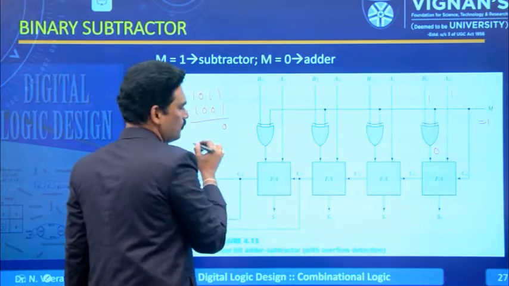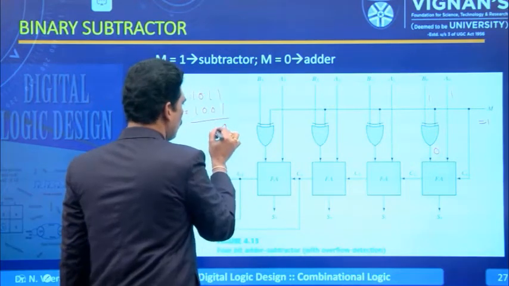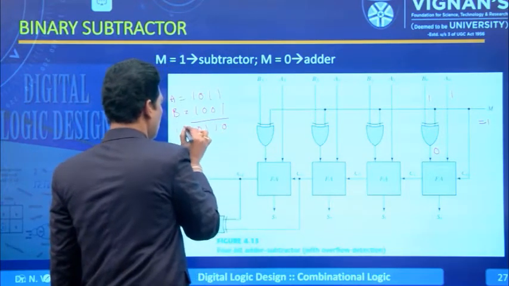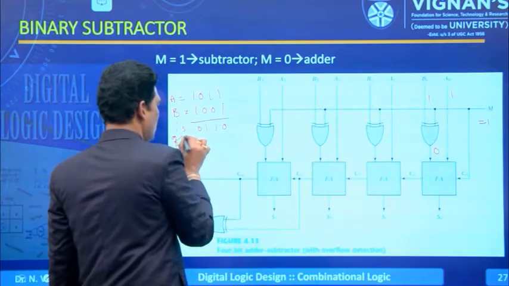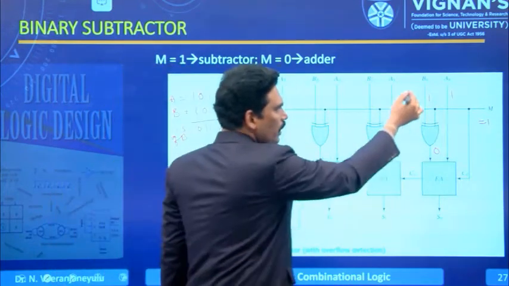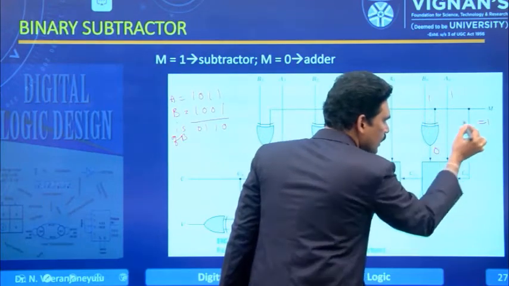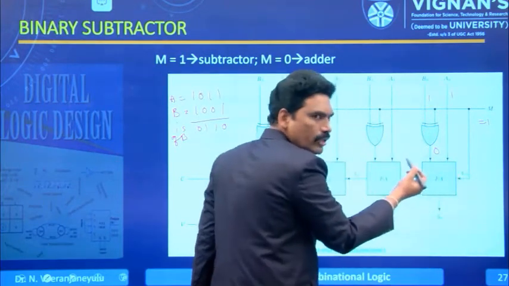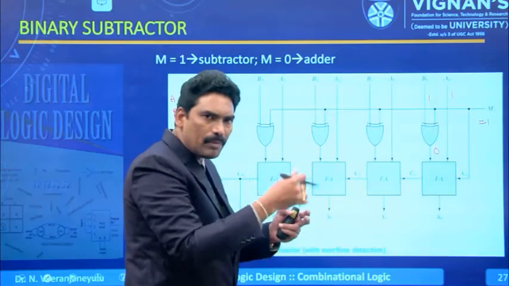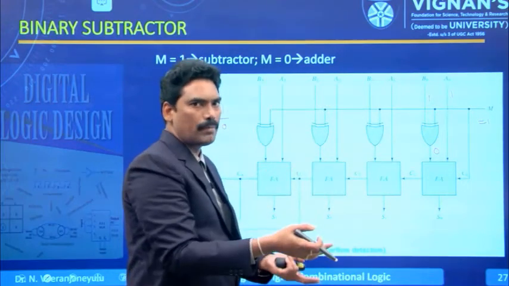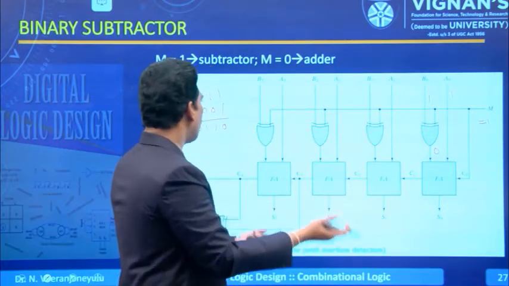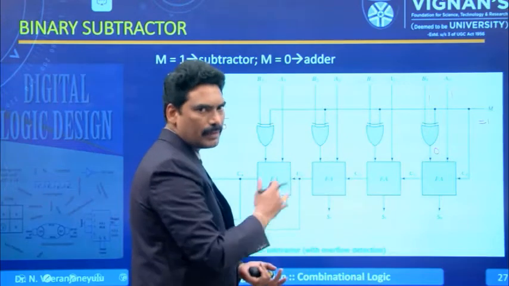For 1 it is 0. So we have found the 1's complement, and this is the 1's complement result, and we add 1 to this. 1's complement plus 1 becomes the 2's complement. So adding the 2's complement means we are performing the subtraction operation.